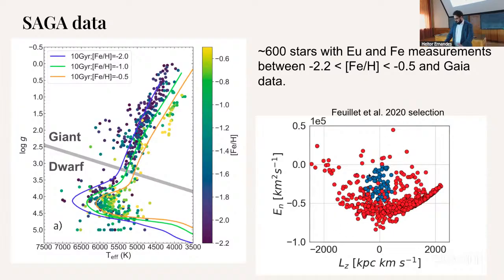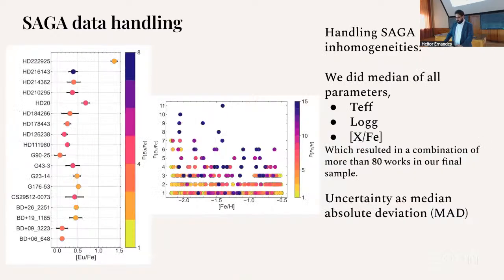That's a specific selection of the GSE, because we have many. We have about 5 that are more popular. In the paper, we discussed them all and the differences and why we picked one in the end. And then it was quite painful to do the data handling. For example, we had a lot of stars in our sample that had just a single europium measurement, which is easy, we just took that one.